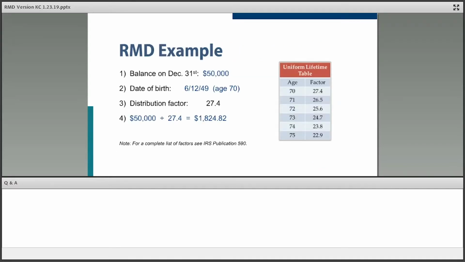Okay, let me go ahead and get to the example that I alluded to earlier here on the next slide. Here on the next slide, we've got an example of somebody whose account balance on December 31st was $50,000. And as you see on line number 2, their date of birth is June 12th, 1949, so they'll be 70 and a half this year. You'll see on line 3 that the distribution factor is 27.4, and you'll see off to the right there we just took the distribution factors from the IRS's Uniform Lifetime Table in publication 590, and we listed those factors for ages 70 through 75.